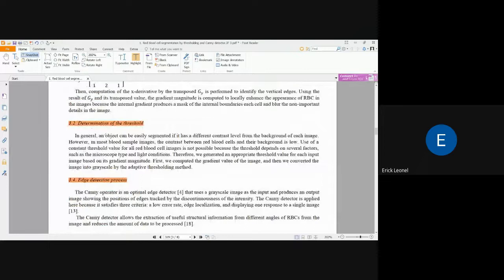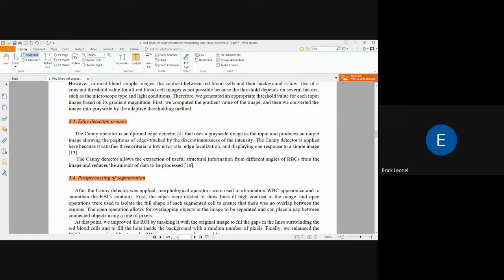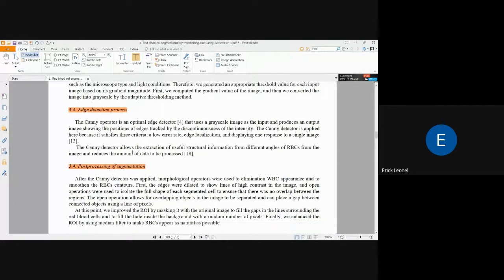At the same time, a proper threshold value for each input image was generated based on its gradient magnitude, and the image was converted into grayscale by the adaptive thresholding method. On the other hand, there is the edge detection process through the Canny operator and detector.